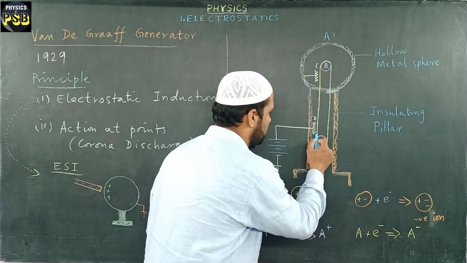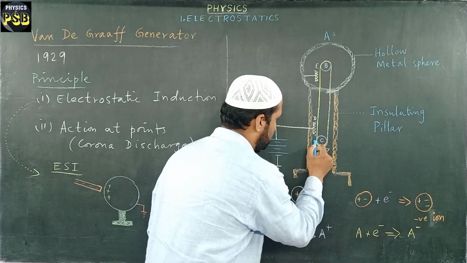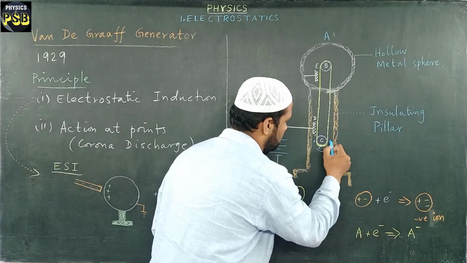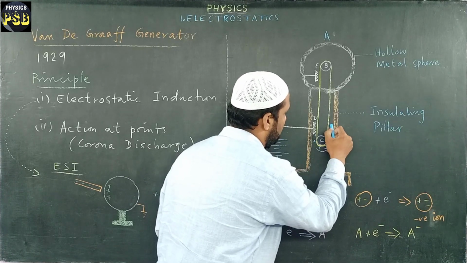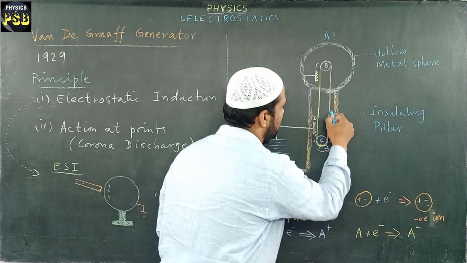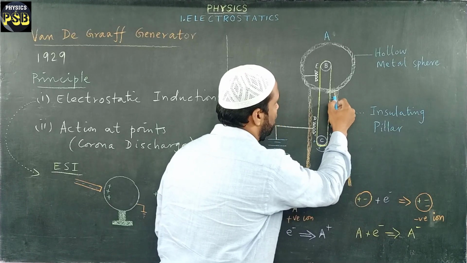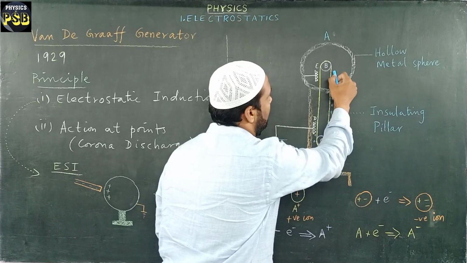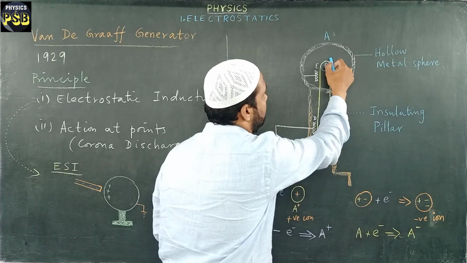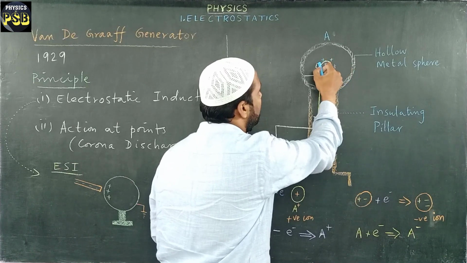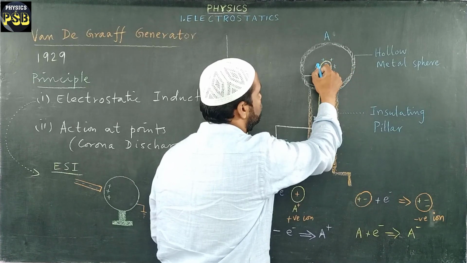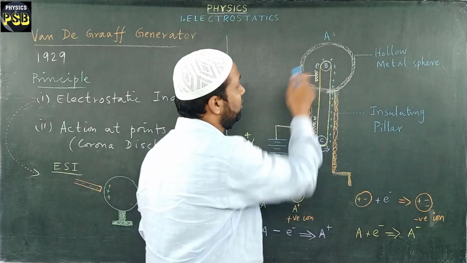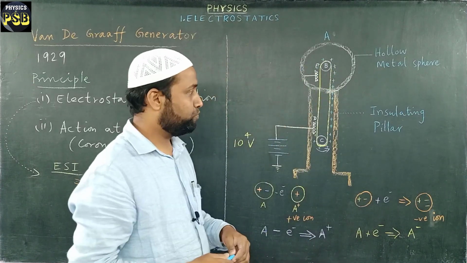The positive charges stick and move upward in this manner. Slowly, the positive charges move along with the belt like this. When they approach this region near the Coulomb E, what happened?